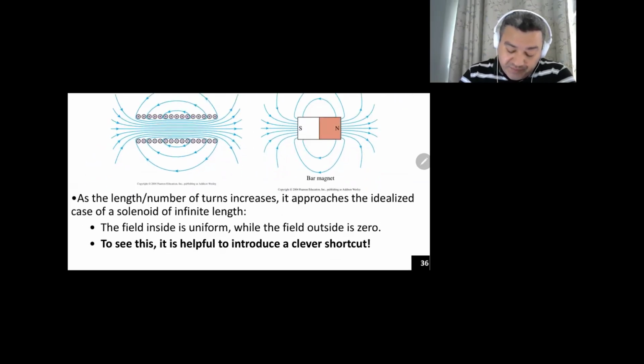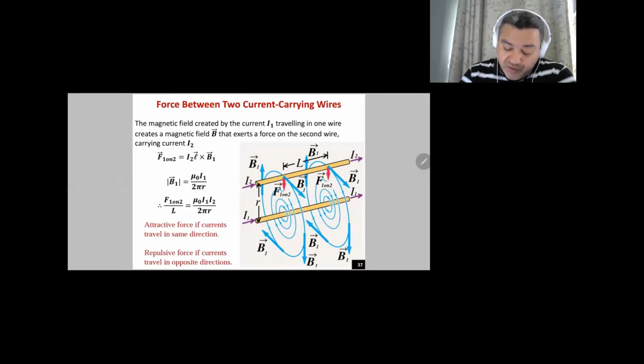So now we'll move to calculating the mutual magnetic force between two wires. If you recall, we've mentioned that the magnetic force can be applied between two parallel wires that are either having currents going in the same direction or in the opposite direction.